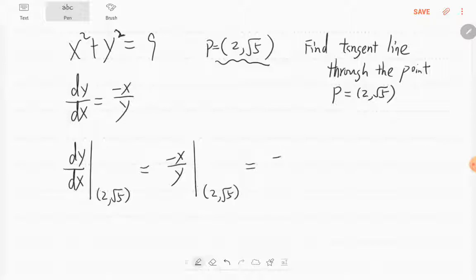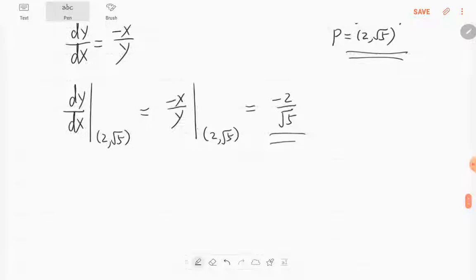So this would be negative 2 over square root of 5. Right, so this is your slope. So we have the point, we have the slope. We can always find the equation of the tangent line using the point slope form.